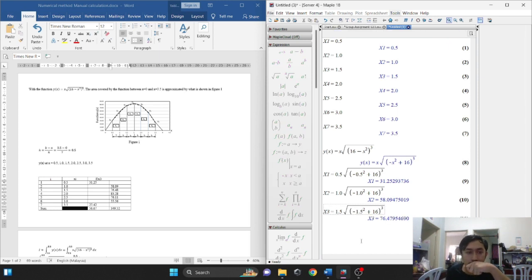So the answer is 76.547 for x3. So the same for x4, which is 2.0. So just enter, and the answer is 83.313.